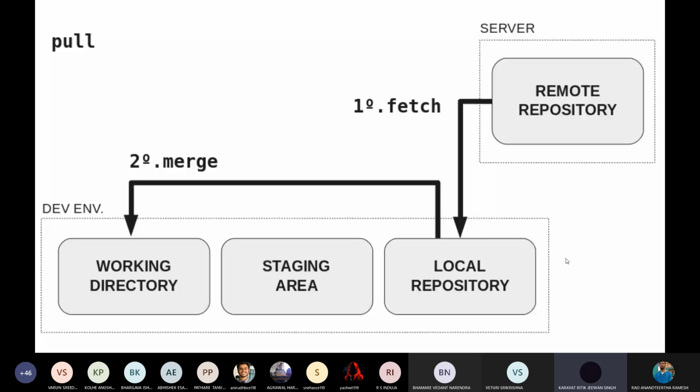Okay, so this is the last command that we'll be seeing today. It is the pull command. This is a combination of two commands, fetch and merge. And this is similar to the clone command, but when you're working as a team, everyone will be making changes now and then, right?